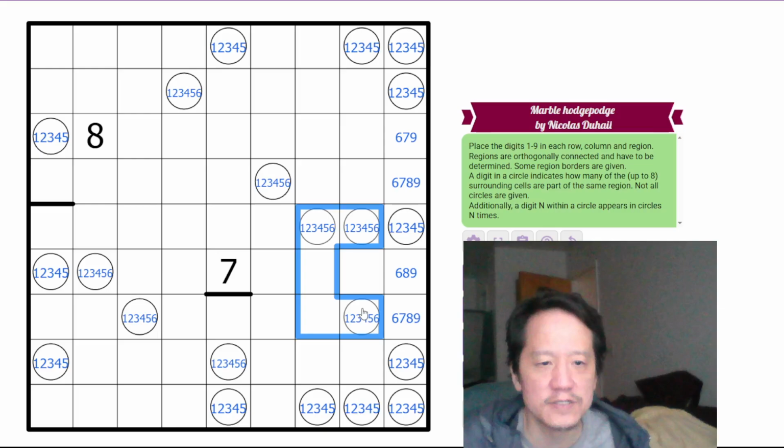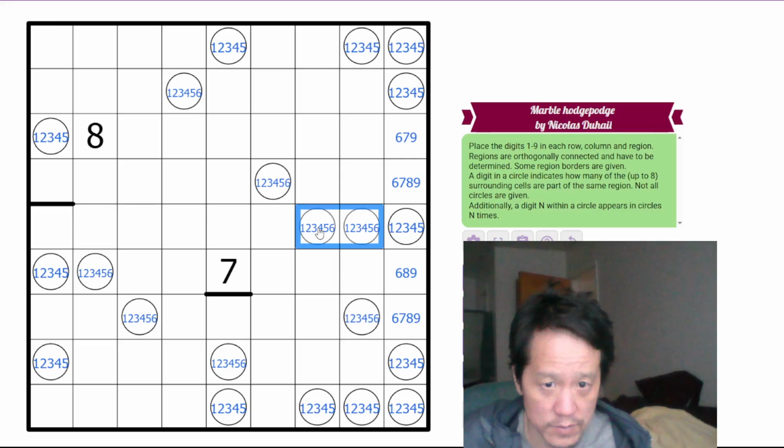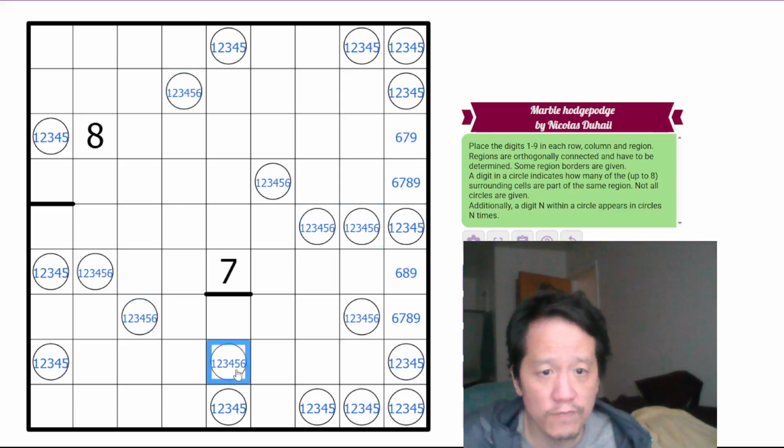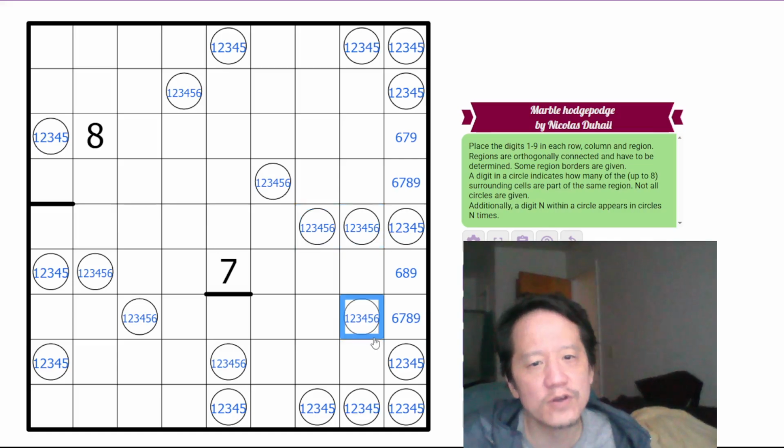Where can the 6's then be? Well, 6 in column 5 can only be one of these 2 cells. Three, 4, 5, 6, 7, 8.